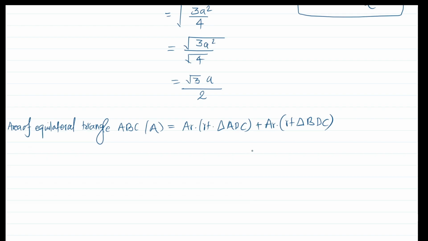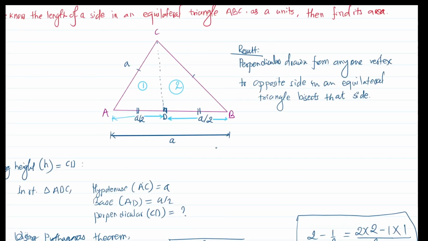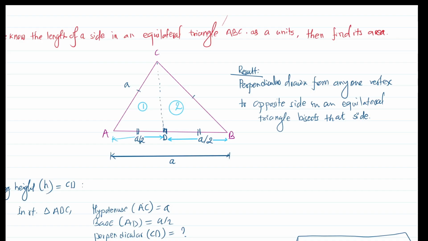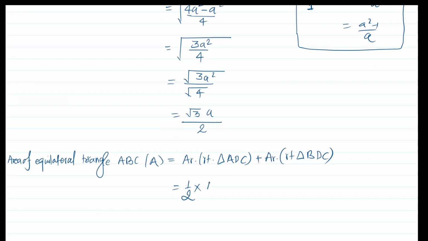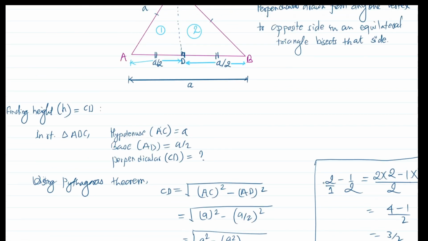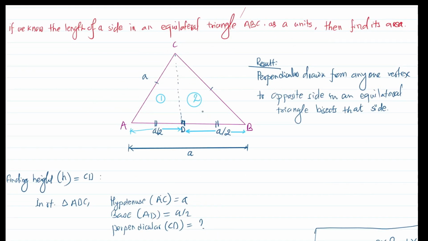For right angle triangle ADC, this area is equal to half of base times height. Base is AD, height is DC. Similarly, for right angle triangle BDC, base is BD and height is DC.